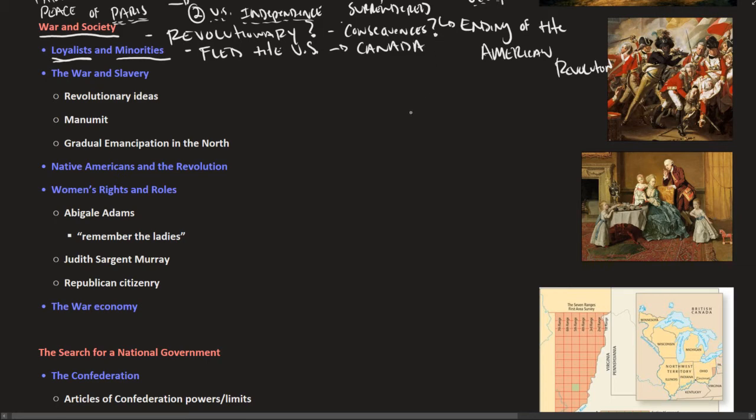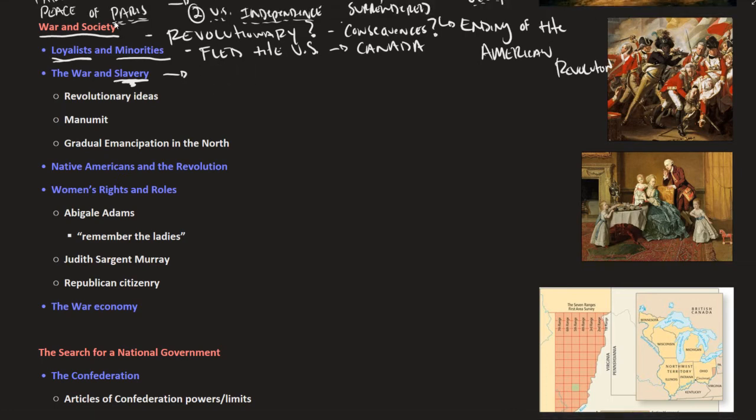In terms of slavery, it is very important to consider the impact that the American Revolution had on slavery. So one was that it abolished, well, that's a little bit misleading.